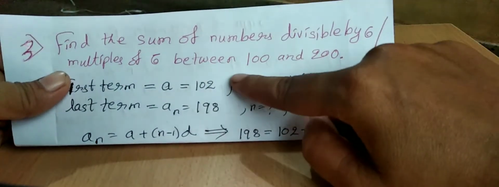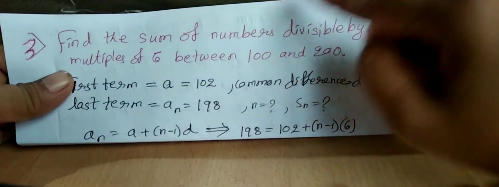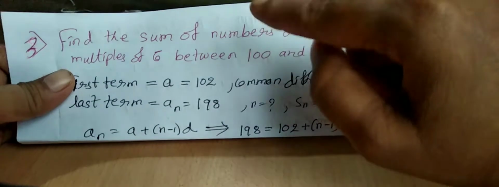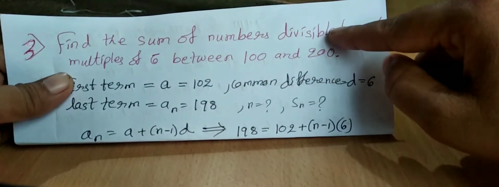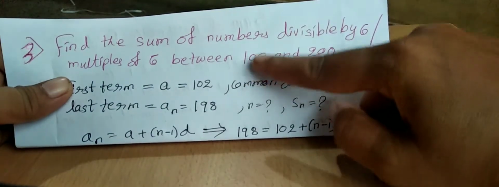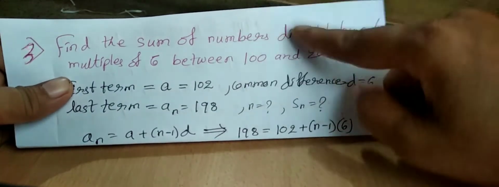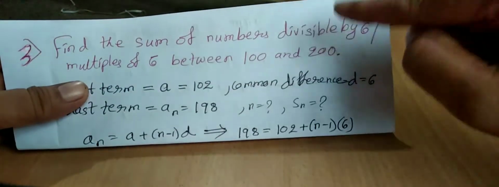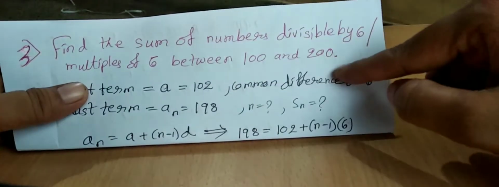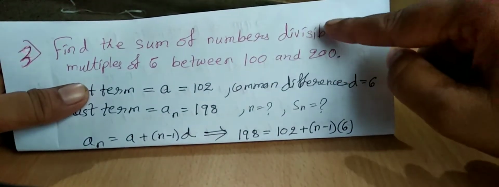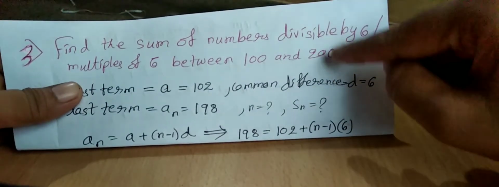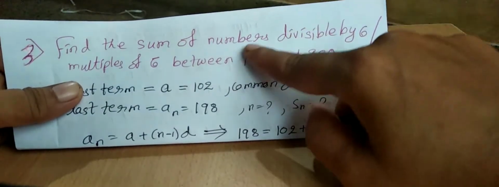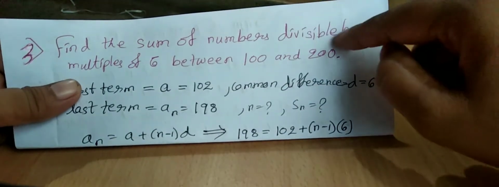We don't know which is the first one and which is the last one, and value of n we don't know here. In the second problem we are knowing n value as 40, but in this problem we don't know n. We know it should be in between 100 and 200, which are divisible by 6.